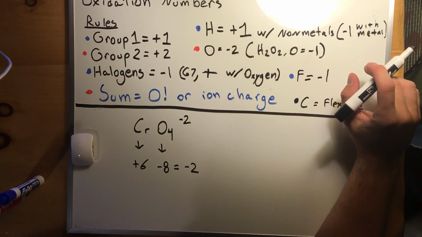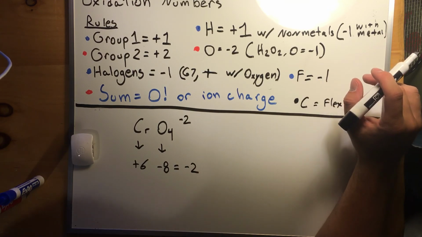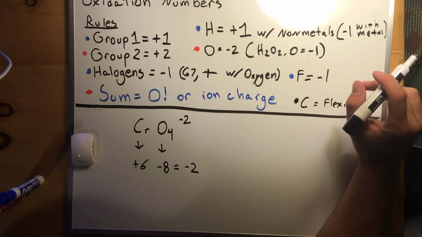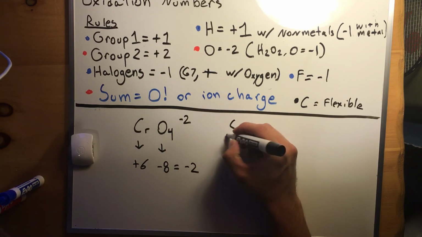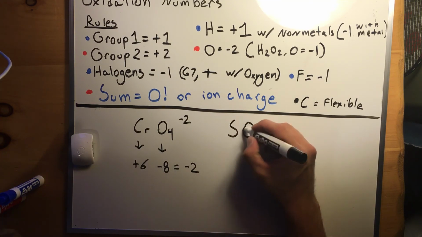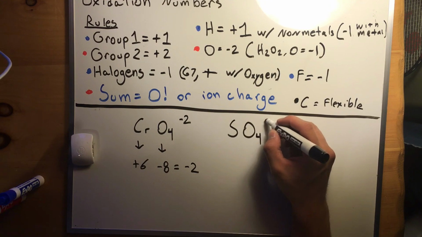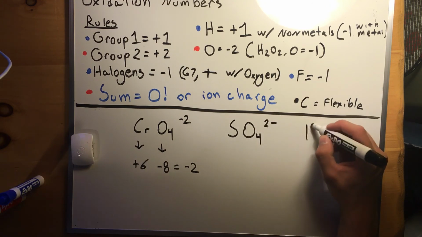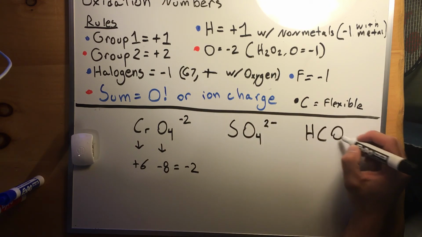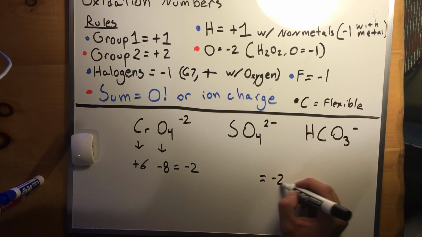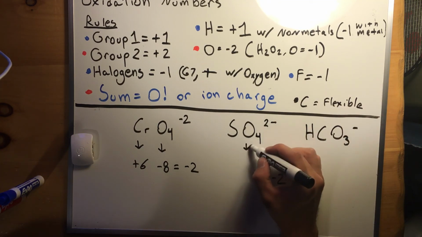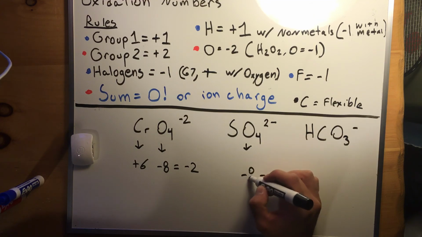Let's see if we can do just one more. Let's do a couple more actually that are charged. So we know here our final answer needs to be -2. We know oxygen here is going to be -8.